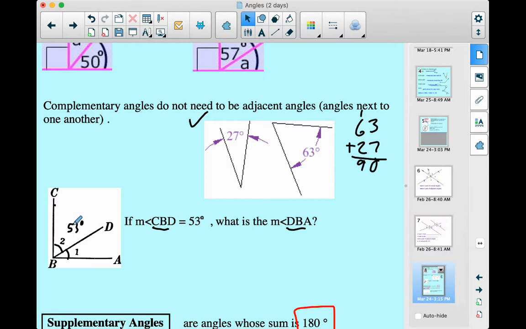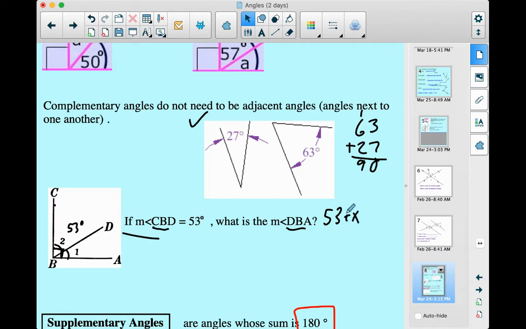If this is 53 and this is 1, and I know they're complementary, I know that together they make a 90-degree angle. I've got to figure out what this angle is, and I can do that by using the equation stuff that we just did in our last unit. If these two add up to 90, I know 53 degrees plus something.